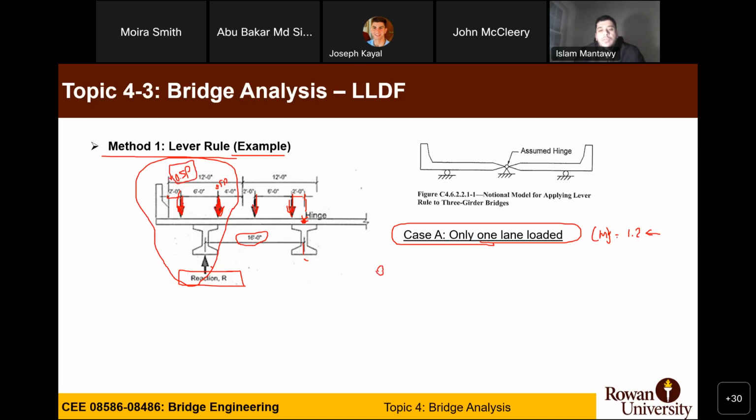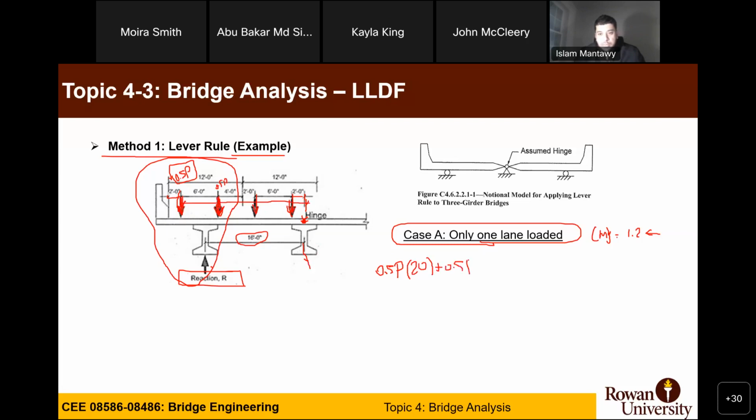It will be 0.5 P times the distance from here to there, right? So 20, right? Plus the second one is 0.5 P, correct?